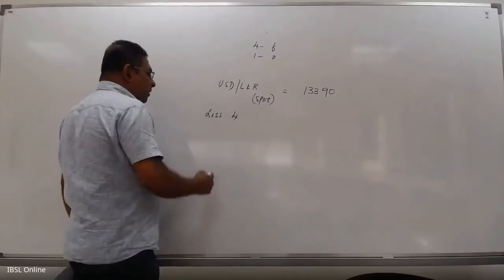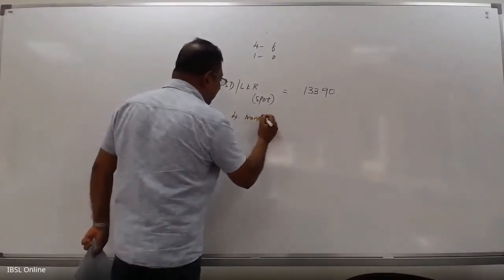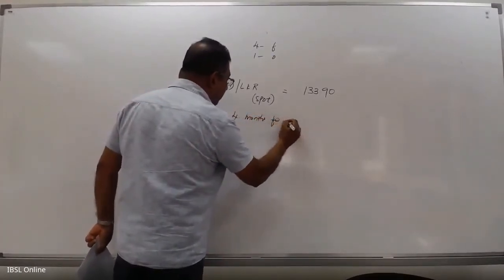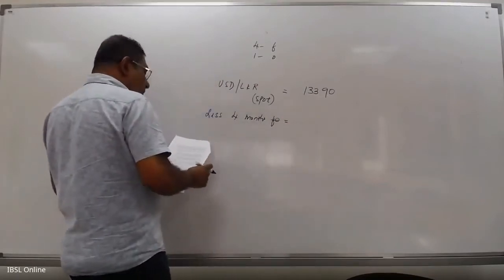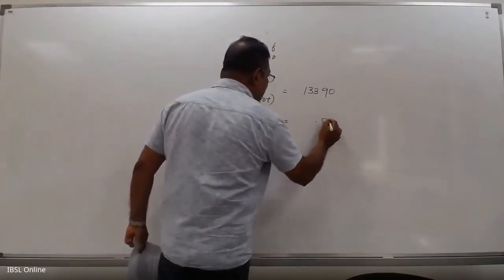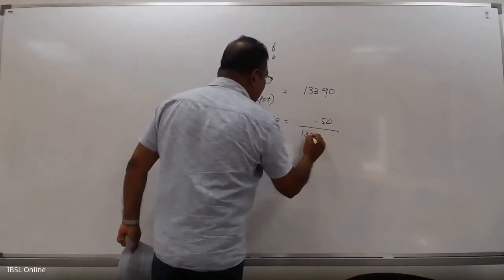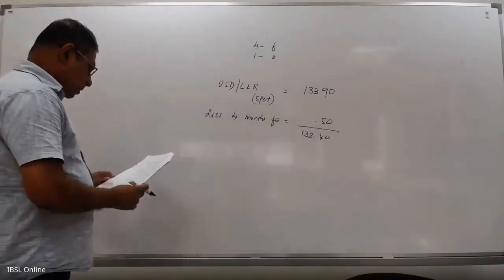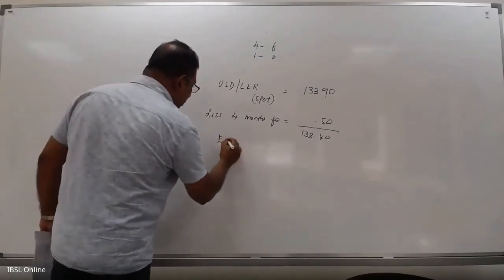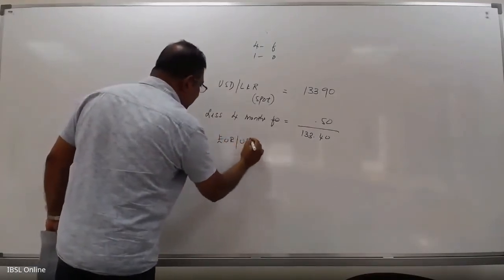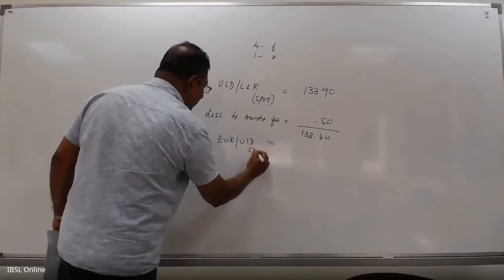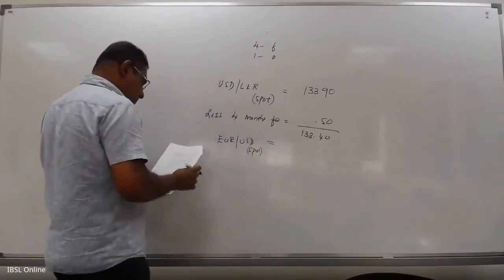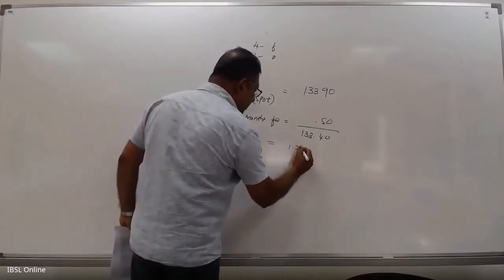So that means 4 months forward is 0.50. 133.40. Euro, USD, 1.2965.